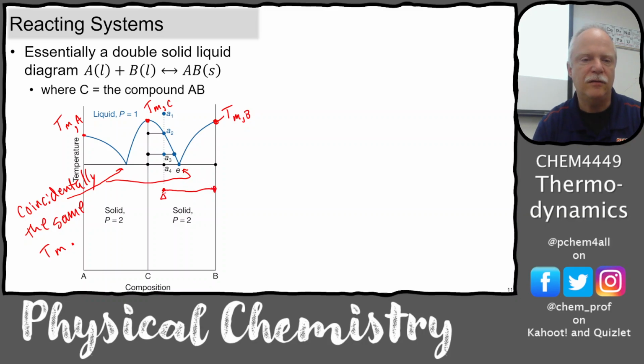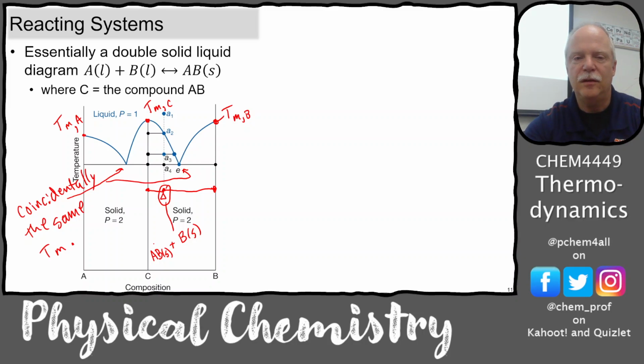And so this phase is in equilibrium with that phase. So at that point right there, you have B solid plus AB solid. See, I don't go all the way to A. I just stop at the vertical line, and that's the composition of the solid that we're looking at.